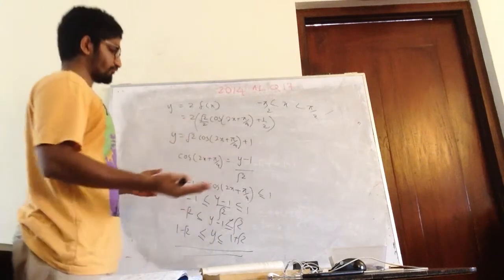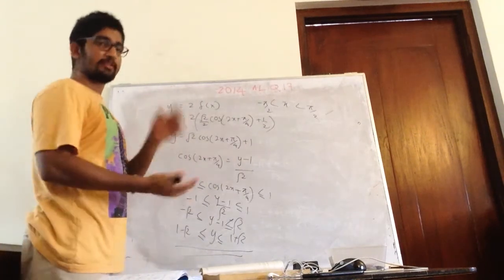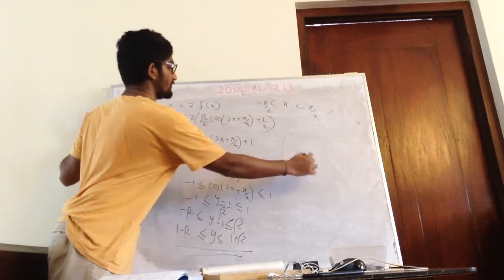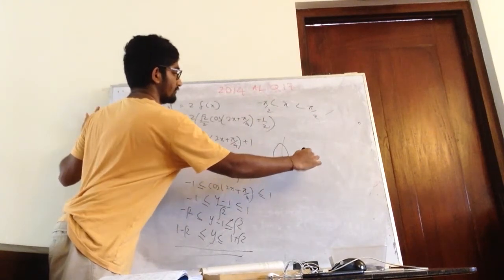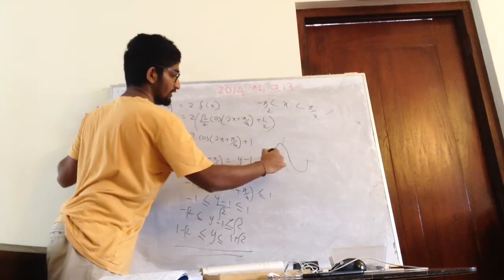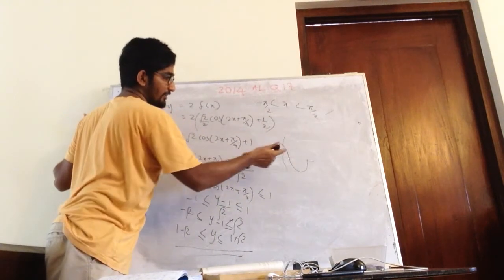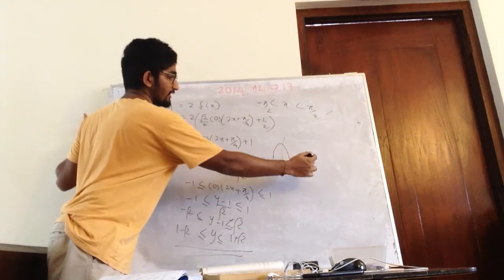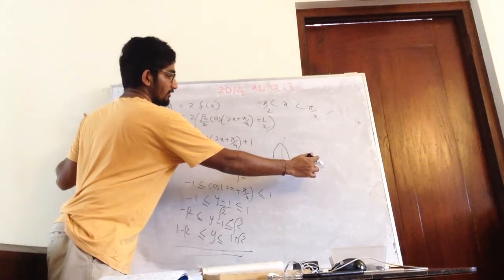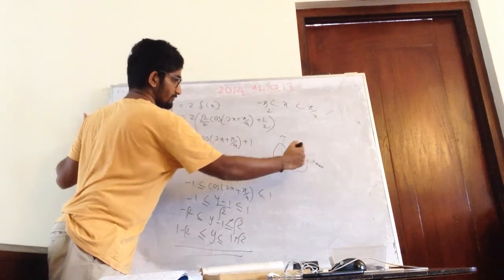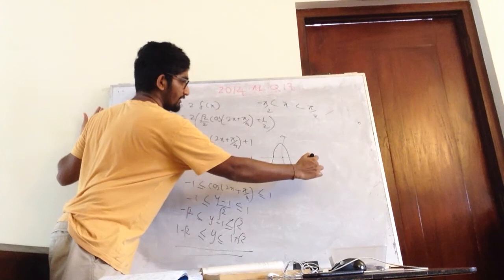So now you all know a traditional cos graph goes like this, no? It is basically referencing y equals 0.